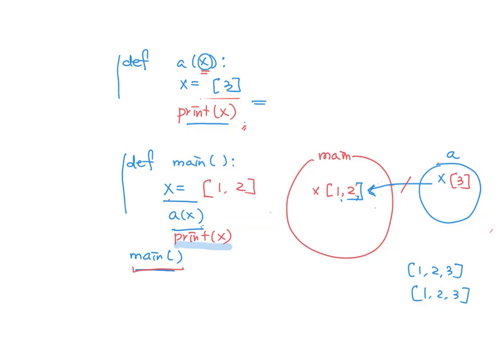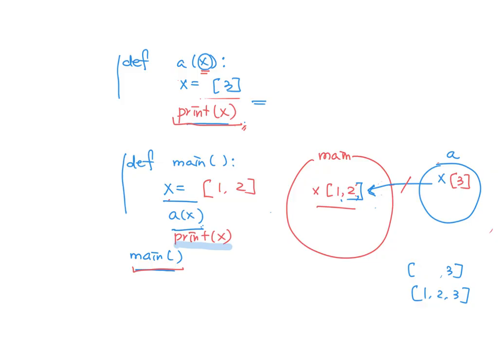The connection between x in the a function and the outside list is disconnected, but there is still a connection between x in the main function and the list of 1 and 2. So when you call this print function of x, you get a list of 1 and 2.